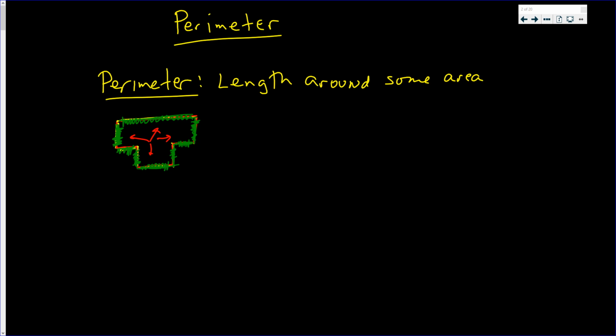So let us calculate the perimeter of some area. An area that looks fairly similar to what I just drew. Suppose we want to know this area. And I tell you that the length on top is 8 inches.